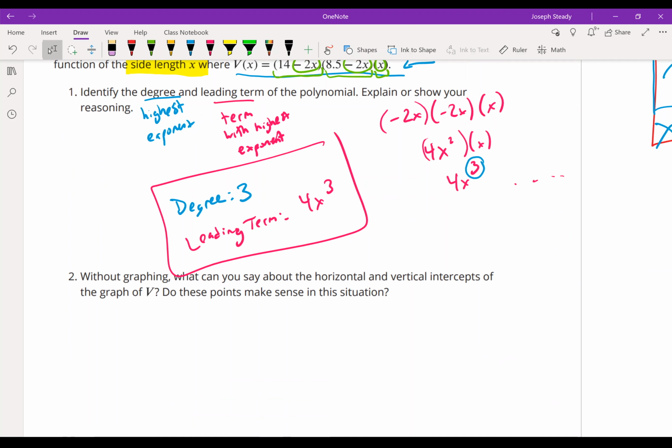For question 2, they now want us to think about a couple other features of this function, specifically its graph. To find the horizontal and vertical intercepts of this graph, those are our x and y intercepts. To find the horizontal, or the x-intercepts, remember, we just say what makes each factor equal 0.